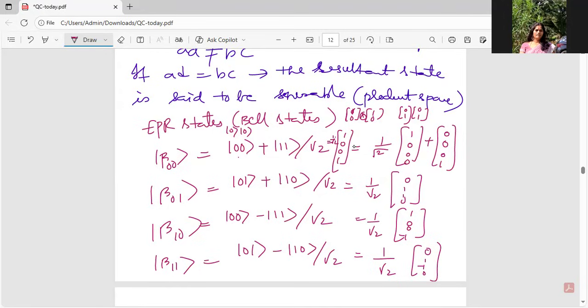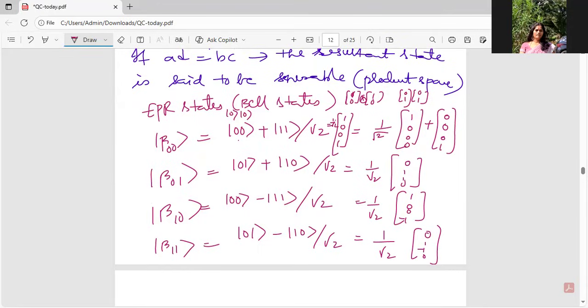Now how do I check whether these Bell states are entangled or not? This is of the form ABCD, so I check for AD minus BC. For beta 0, 0, if I check the AD minus BC term, what happens? AD, I'm sorry, AD not equal to BC, guys. So 1 not equal to 0.